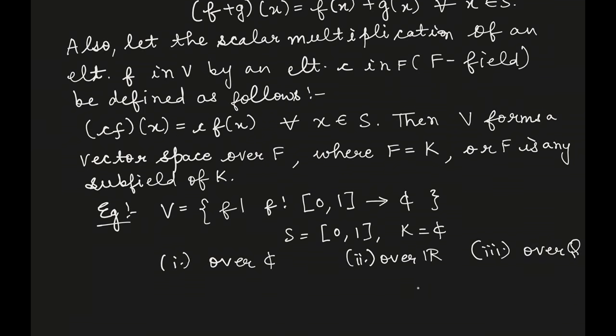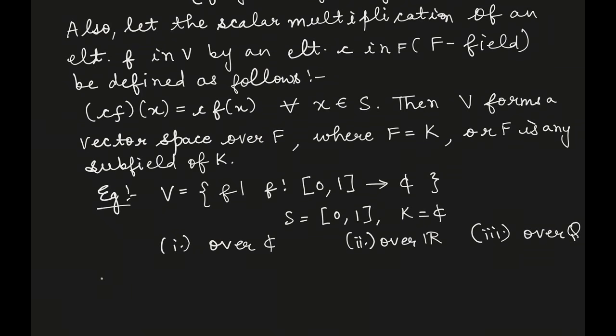So just a small thing, field should be contained in K, because it is mentioned that either field is K or F is any subfield of K. Now here F is equal to K, so it is a vector space.